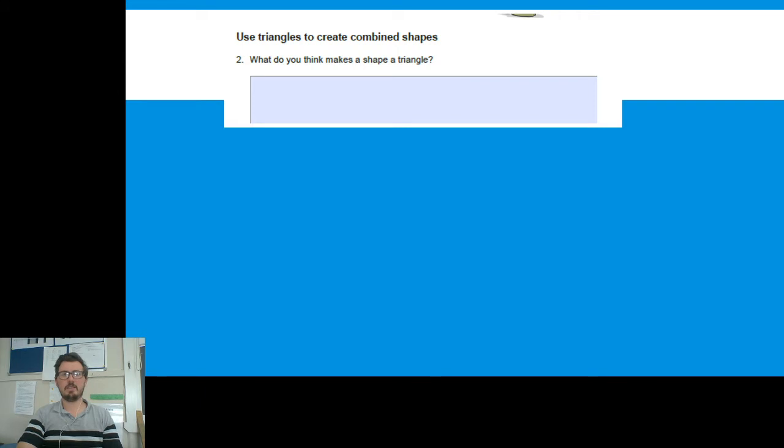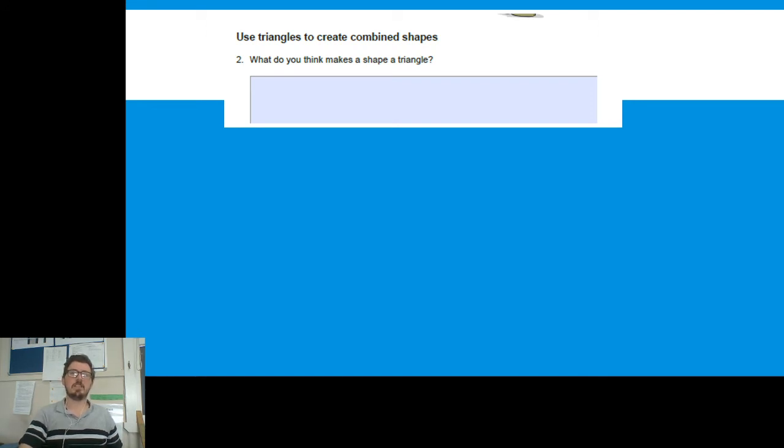What do you think makes a shape a triangle? Key word there is tri. Good. A triangle is made up of 3 sides. They don't have to be perfectly aligned, it just has to be a 3-sided shape.